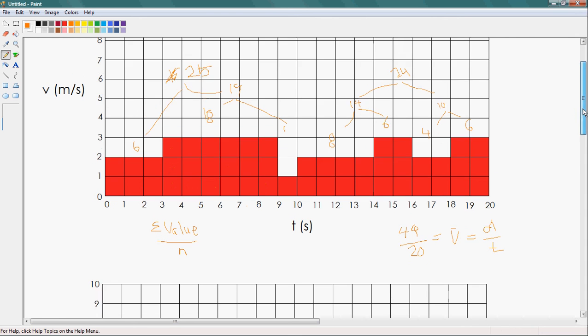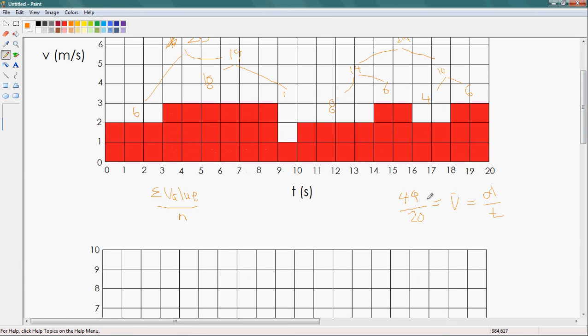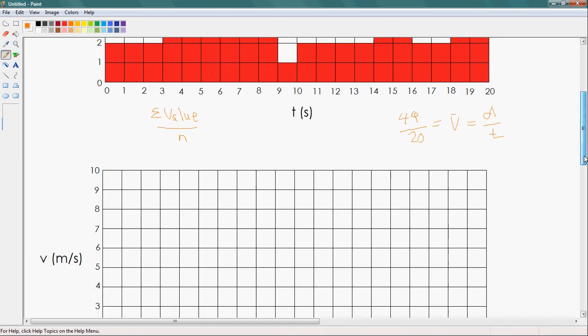We're not really going to do this in this class, but I hope this sheds some insight into what average velocity is. It's basically if you had a velocity over a period of time, if you could count up the number of seconds and find the velocity at each moment and then divide that out, you could find the average velocity. In this case, it's going to be something around 2.5.